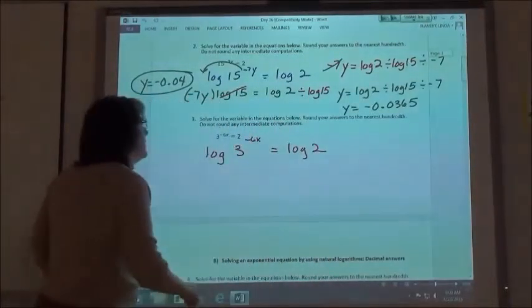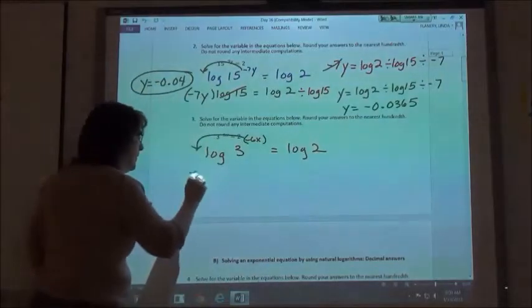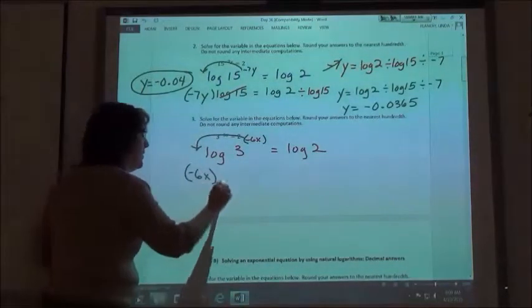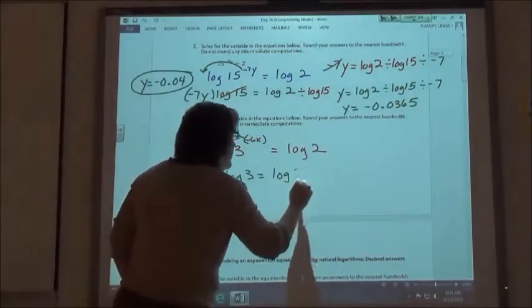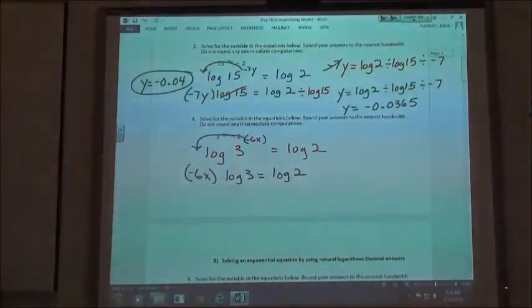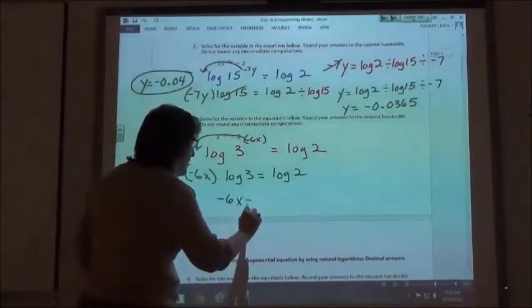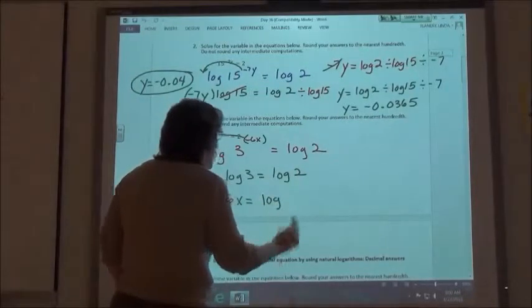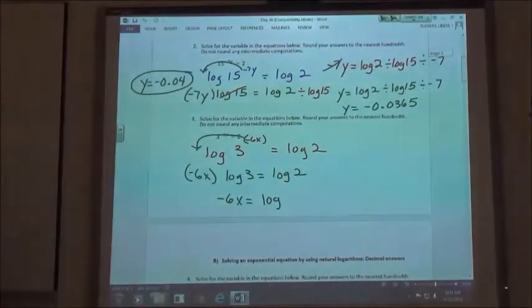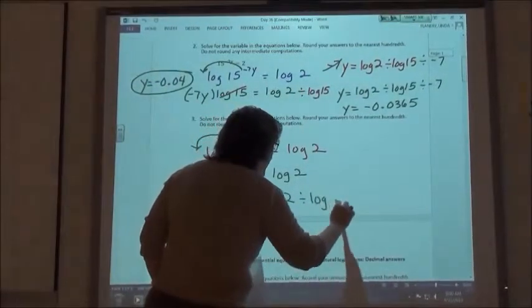And then we go negative 6x times log of 3 equals log of 2. Exactly. And then we go negative 6x equals log of 2 divided by log of 3. Yep.